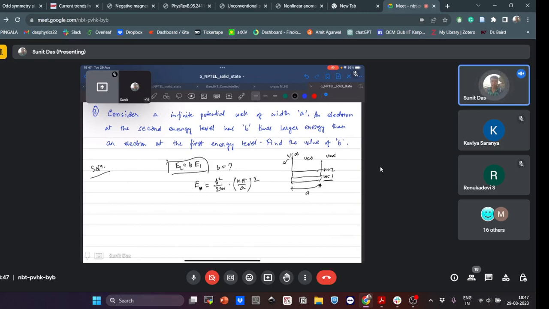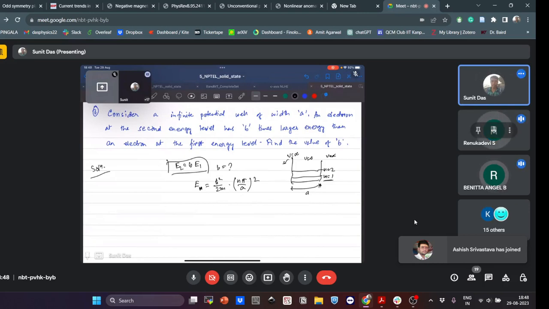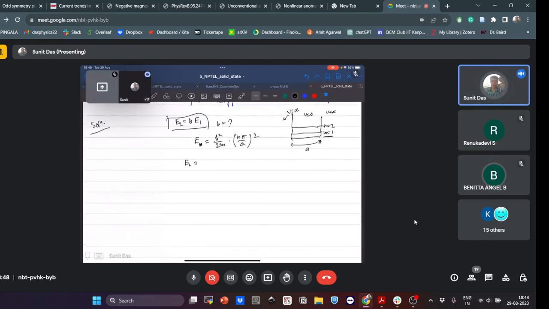So Nyan found the answer. Very easy actually. Okay, so let me solve the problem. So E2 will be h bar square by 2m into 2 pi by a square, so 4 into pi by a square.